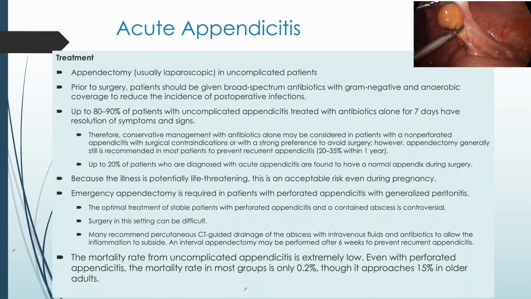You can get a lawsuit if you don't catch it the first time. So just be really careful with these type of patients. Don't expect them to have every symptom that we've talked about. It can be tricky to catch sometimes, so you always have to consider it, especially in the emergency department.